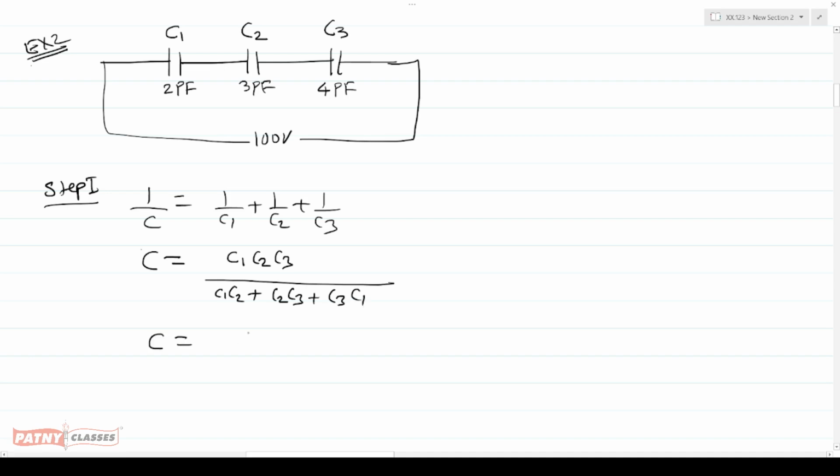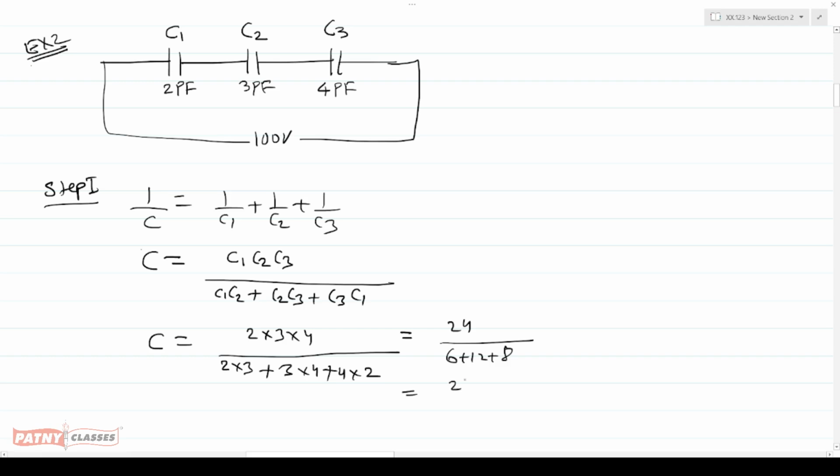Therefore, C equals 2 into 3 into 4 upon 2 into 3 plus 3 into 4 plus 4 into 2. This equals 24 divided by 6 plus 12 plus 8.